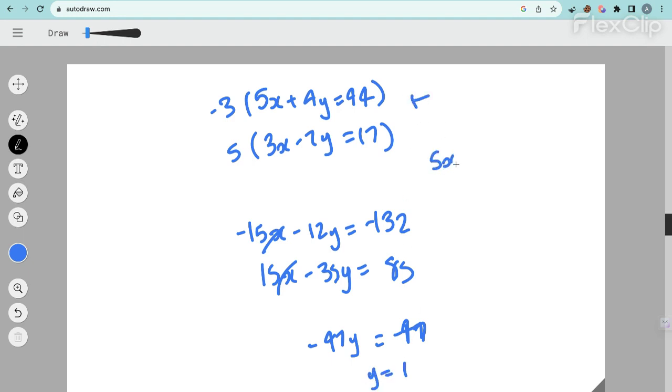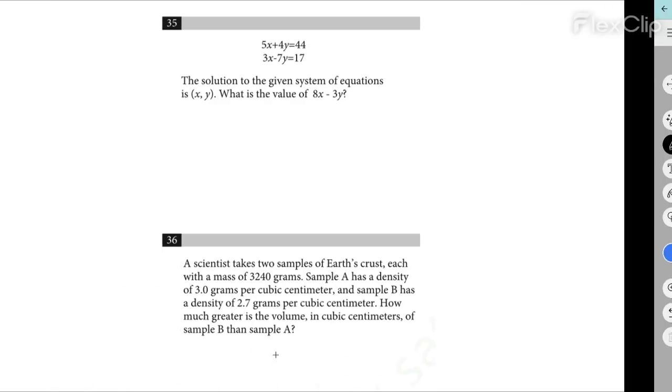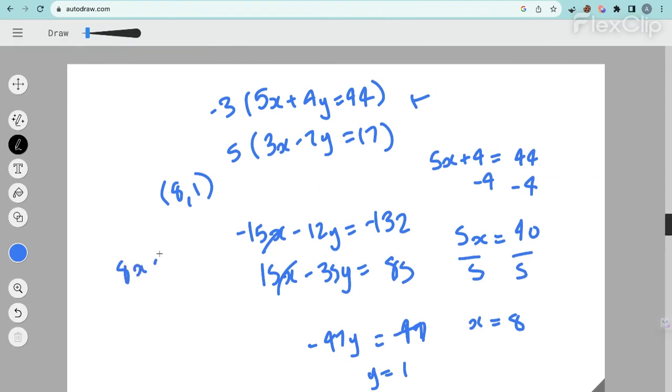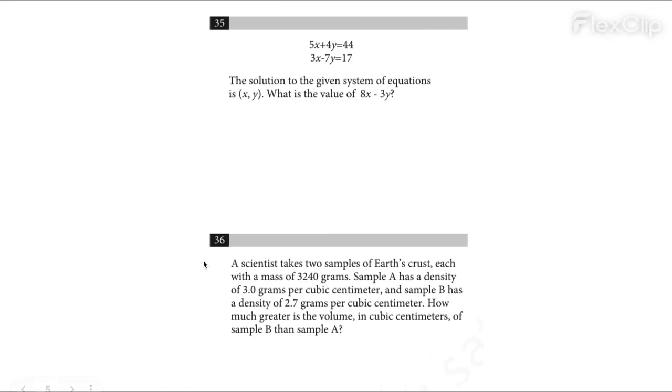You can just plug it into any of these. Cool. So now you get x equals 8, y equals 1. And now you just plug this into the 8x minus 3y part. So that's 64 minus 3, which is equal to 61. Cool. And that should be your answer.